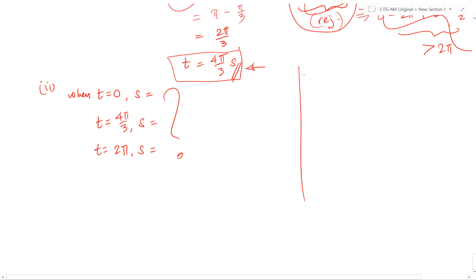Okay, so given that v is equal to 2 cosine t over 2 plus 1, s will now be 2 sine t over 2 divided by half plus t plus c. Integration. So this is 4 sine t over 2 plus t plus c.